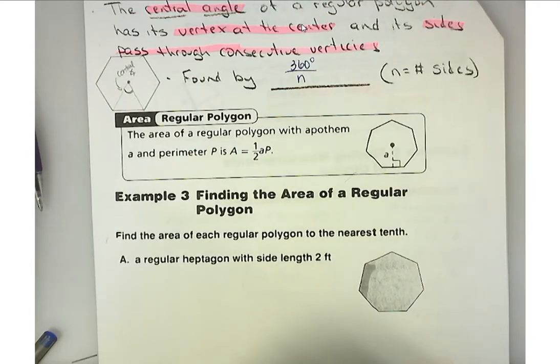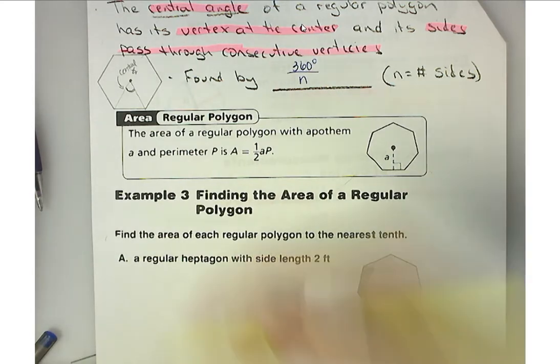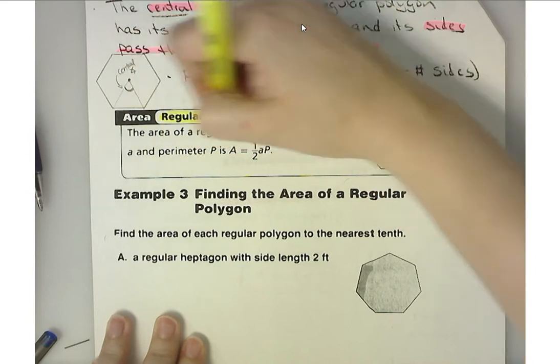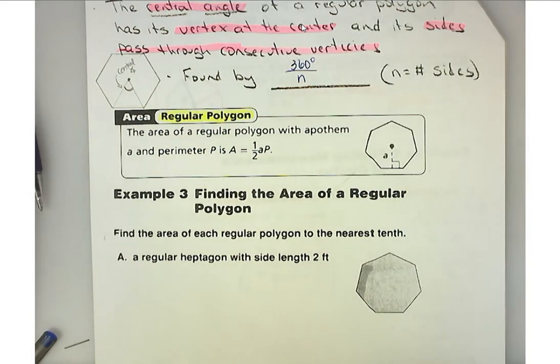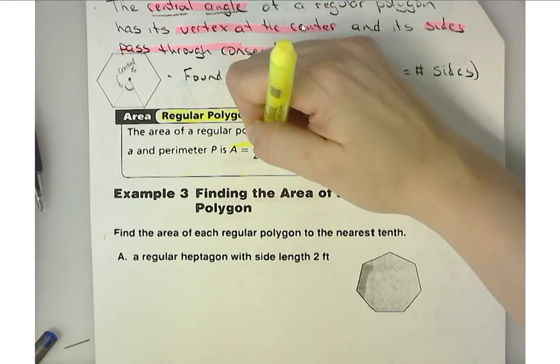All right, now the reason why we wanted to know all of that is so we could find the area of a regular polygon. To find the area of a regular polygon, we have to know what the apothem is, and then we also have to know what the perimeter is.